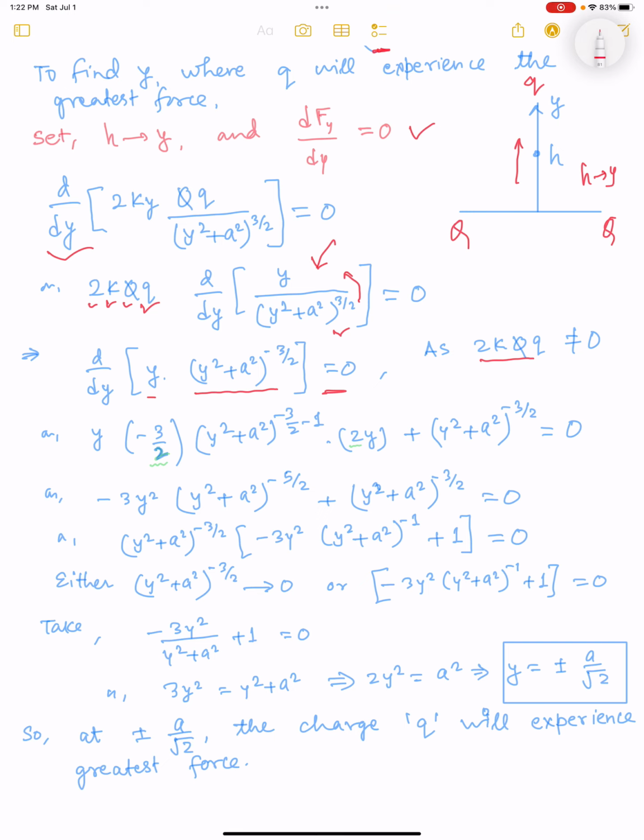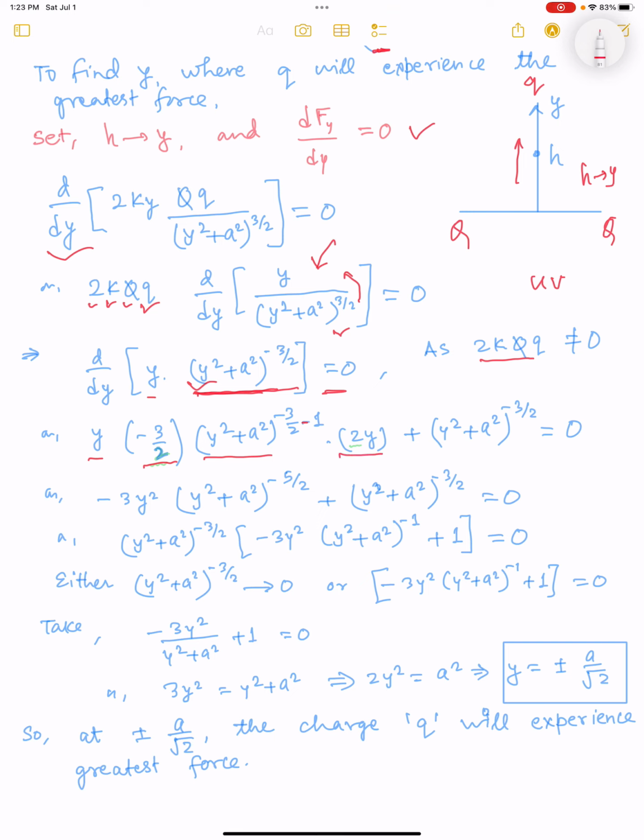So it's like the derivative of uv: u times the derivative of v, plus the derivative of u times v. Here the indices and the chain rule are easier. I think you all will be able to do this. The derivative of the power gives index minus 1. There is a variable which is y, so you have to do the derivative for that as well.